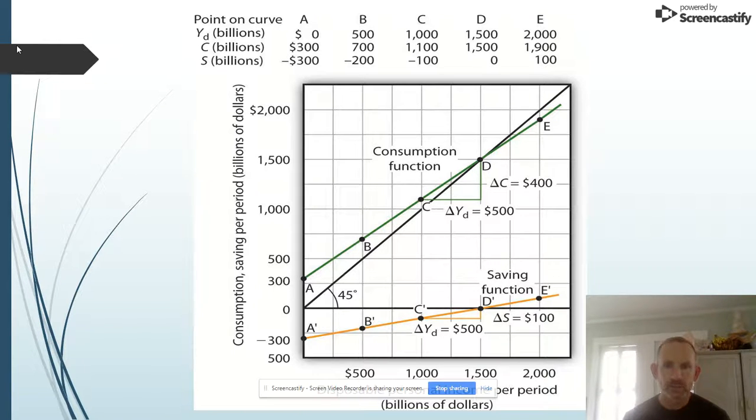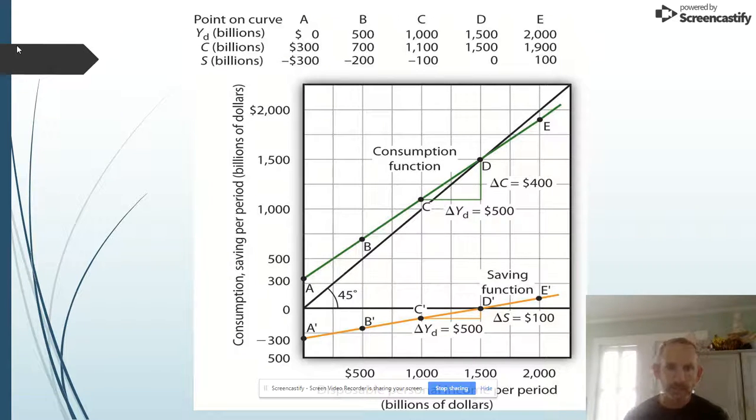The graph that you see here shows the consumption function in green, which is a relationship between, it's hard to see because I think the screencastify thing's blocking it, but on the horizontal axis at the bottom is disposable personal income. I think it's for a month. And on the vertical axis is consumption and saving. But right now we'll talk about consumption.